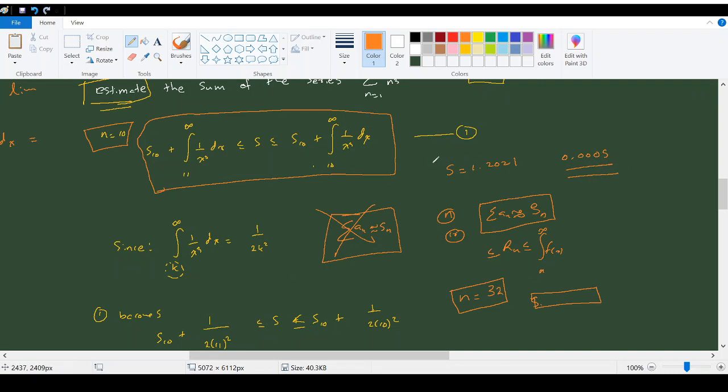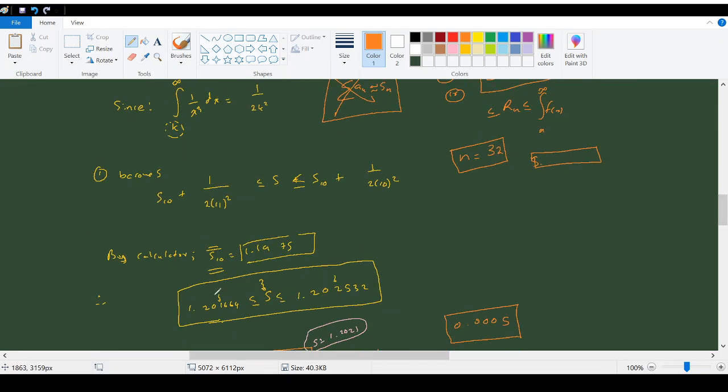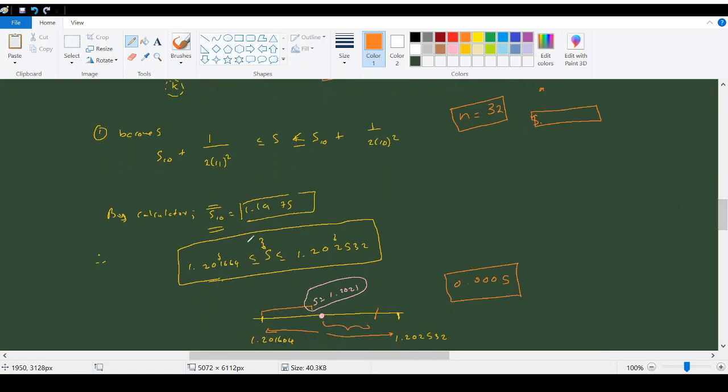But here what we did was a different thing. That has nothing to do with approximating the series with partial sums. Here we used a different technique. It's like we have an inequality and we evaluated the inequality terms and then directly obtained a relationship for the actual answer, right? And by considering the midpoint, we saw that since the actual answer should lie between these two numbers, we approximated it.